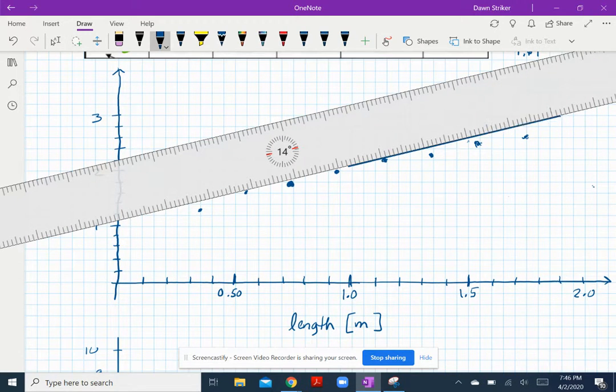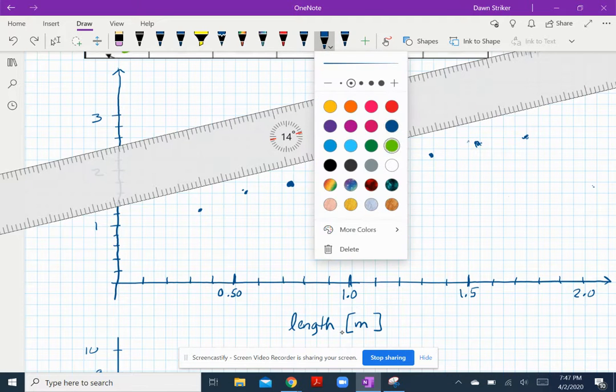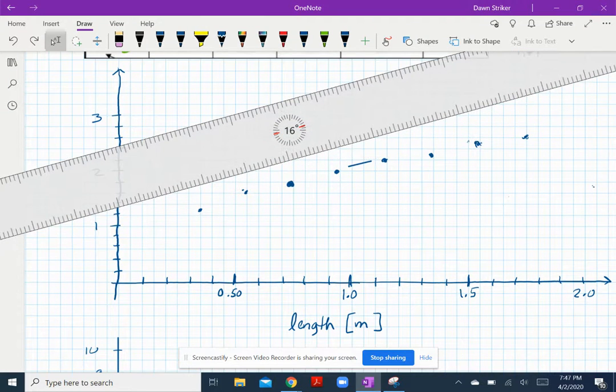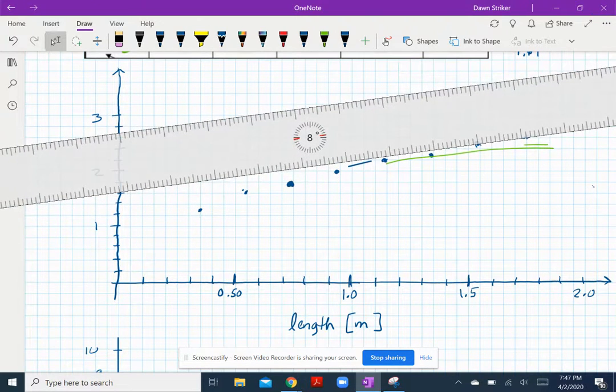If I sketch that, they're staying below the ruler, sort of down here in this region. And if I do this again, they're still below the ruler. There's not a scatter. When I get to this last one, they're always below the ruler. So there's a curve to that.